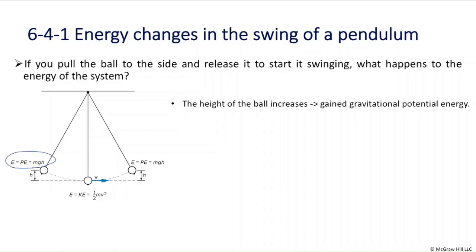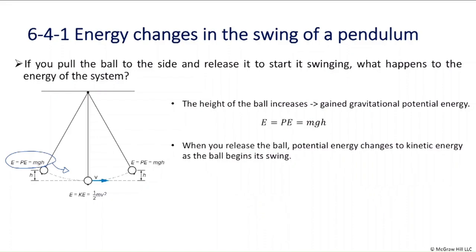Now, when you release the ball, the ball starts accelerating, right? It changes its velocity, and therefore it gains kinetic energy. And at the bottom of the swing, that means at the initial position of the ball when it was just hanging, what happens to the total mechanical energy of the system?